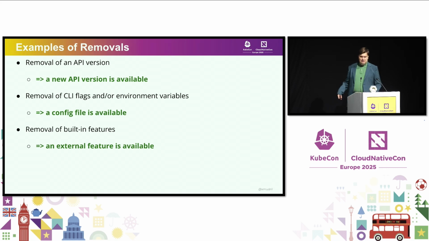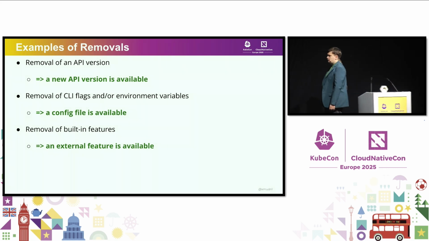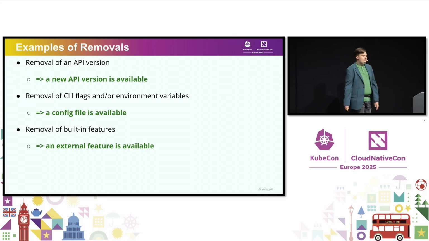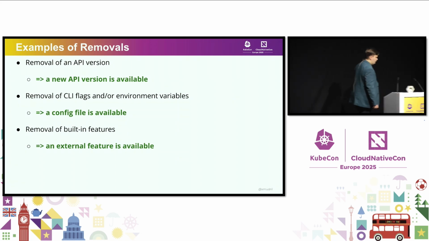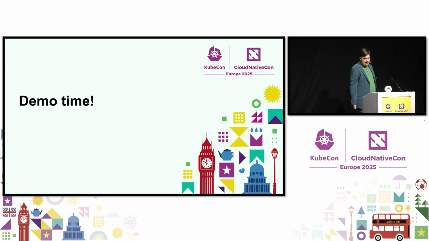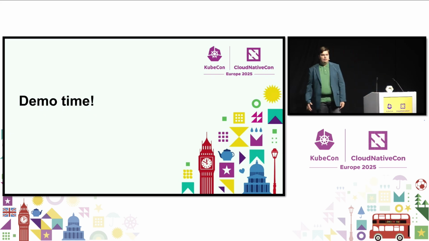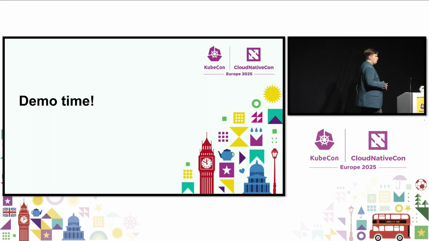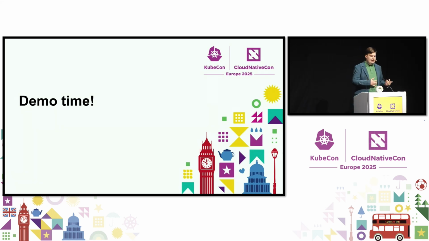But one interesting change that a lot of people tend to suffer a little bit with is the removal of API version. And I would like to do a very short demo here. What is important to know is that when we are talking about removing an API version, Kubernetes has a mechanism for converting from one API version to another and then back again.